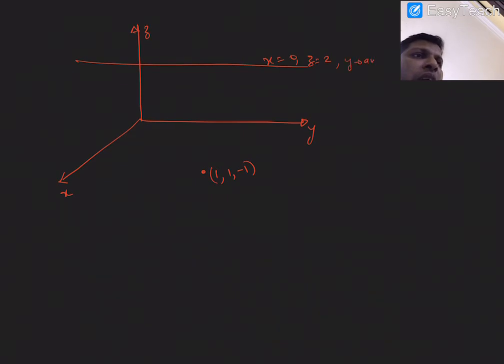I will write it in order to avoid confusion: x is equal to 0, y can be any value, and z equal to 2.